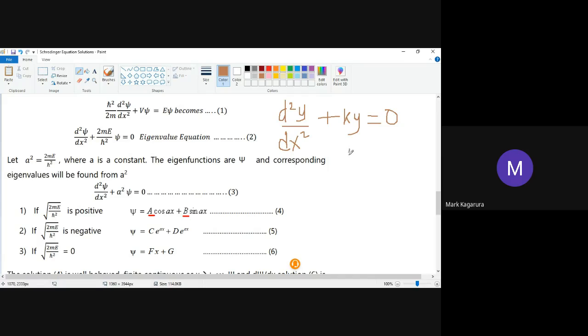Number one is when k is positive. Of course, you can take it to the other side, and then you see that it will be d2y/dx squared equal to ky.